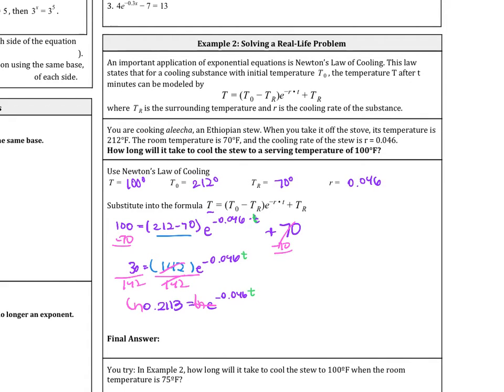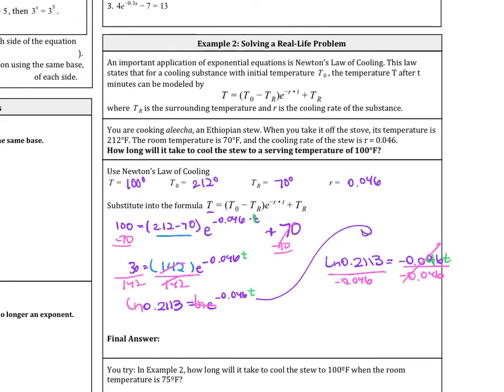So now we have the natural log of 0.2113 equals negative 0.046 t. Then we want to divide by negative 0.046.